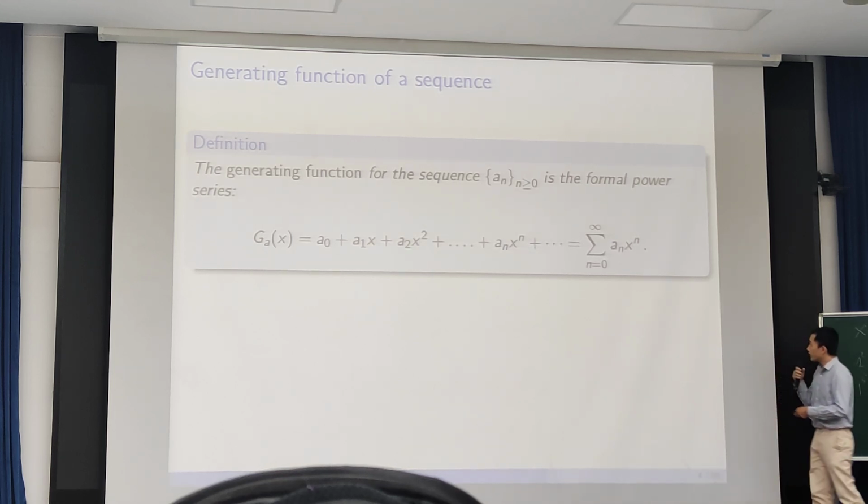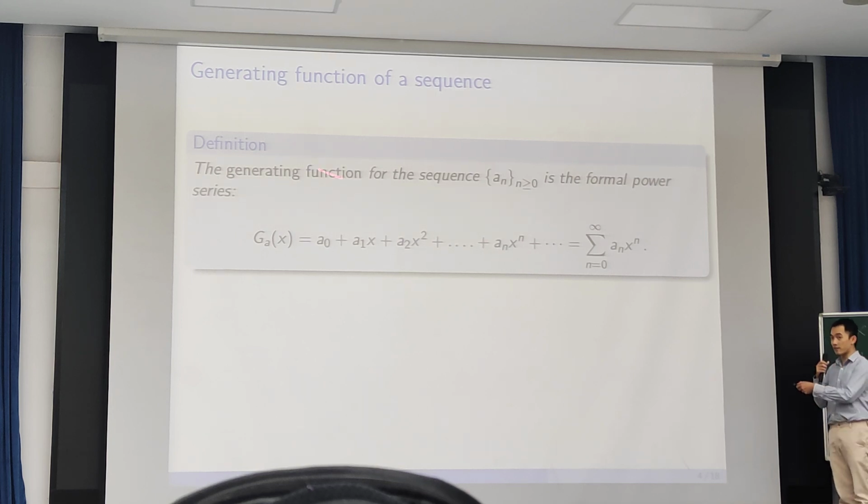Okay. So in calculus, whenever you write this, you need to verify that this converges. Okay. But in combinatorics, in our context, this is just a way to represent our sequence. Okay. So we write this infinite sum, and we ignore the values, the convergence, and such. Okay.